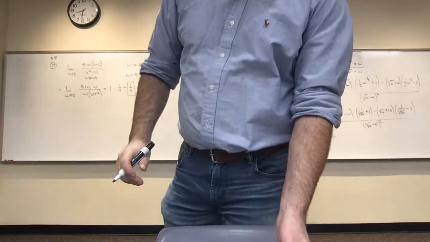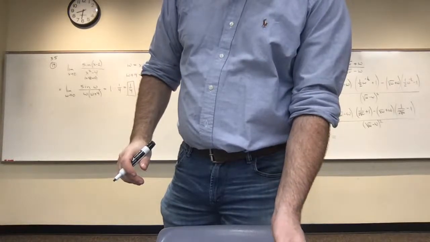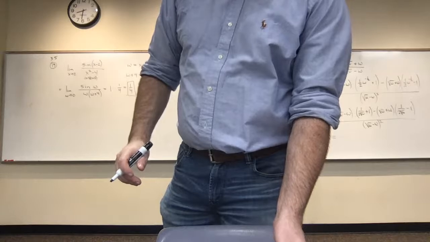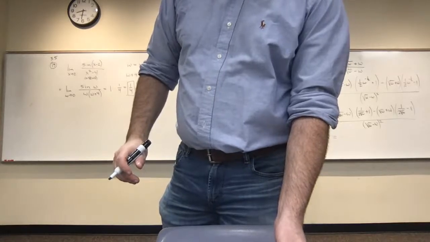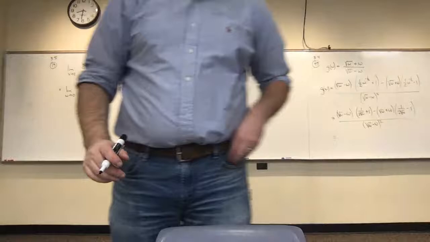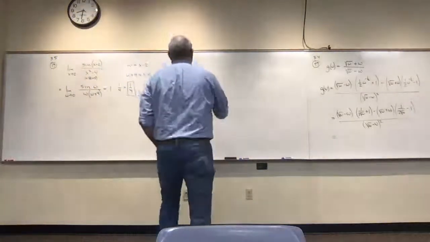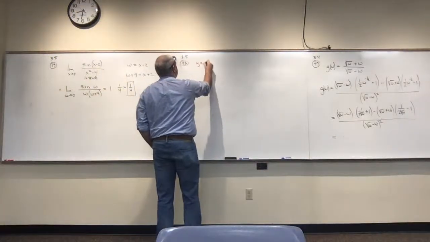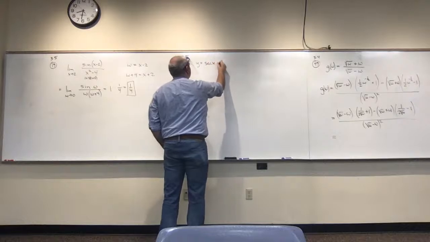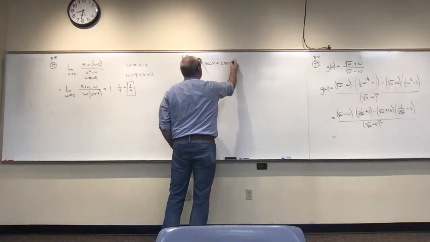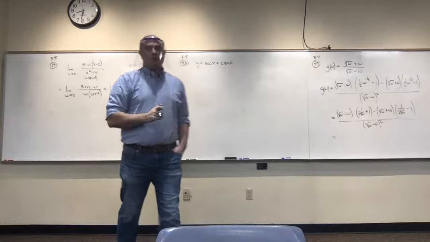So y equals sine x plus cosecant x. Is that the one? Is it sine x or secant? Oh, I'm sorry, secant x plus cosecant x. Yeah, y equals secant x plus cosecant x. Correct? Yeah. And just find the derivative. Okay.